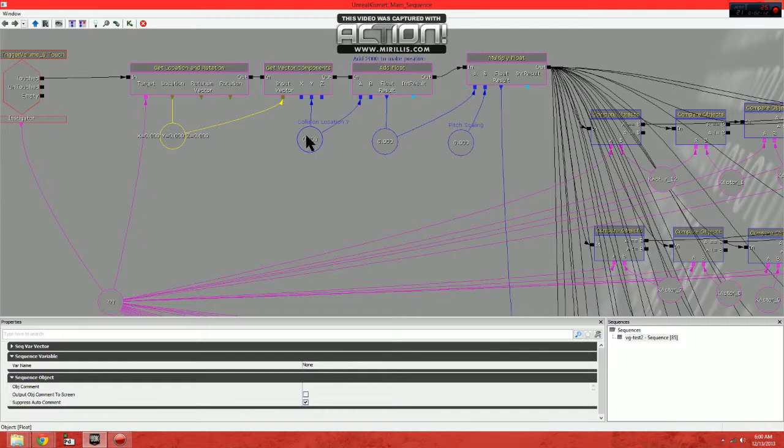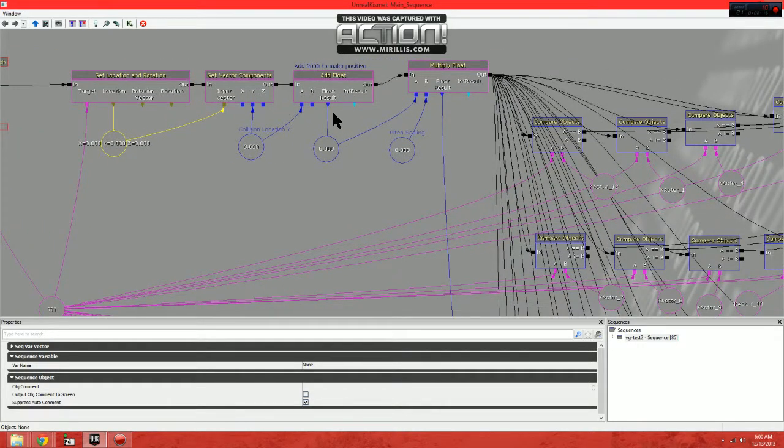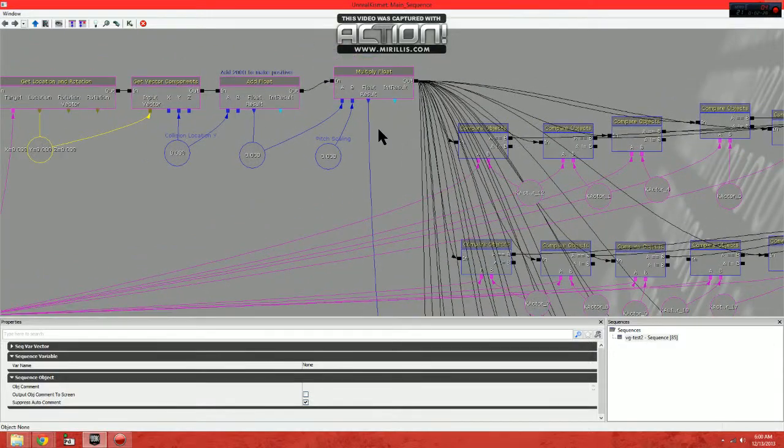And so we get the y out, and then the scaling of the world is sort of off, so we have to do some math. So I add 2000, then we do the math there, and then we have this multiply float.